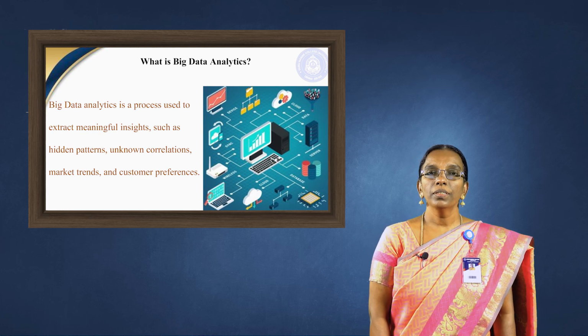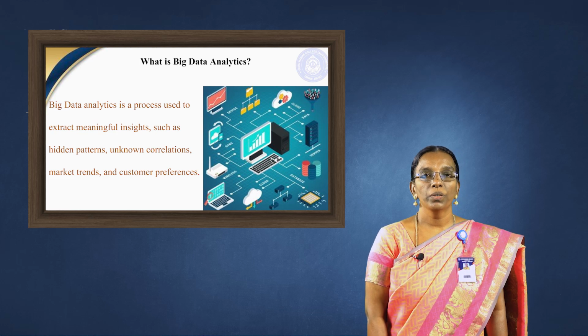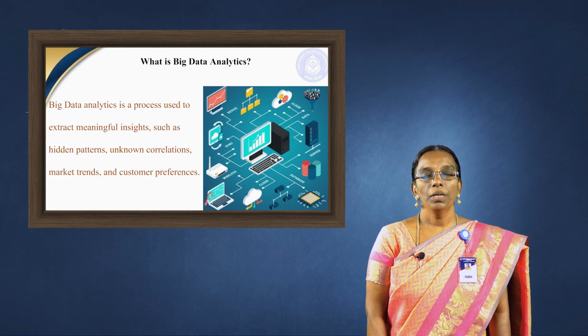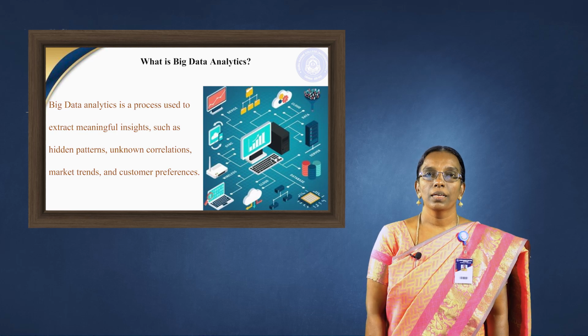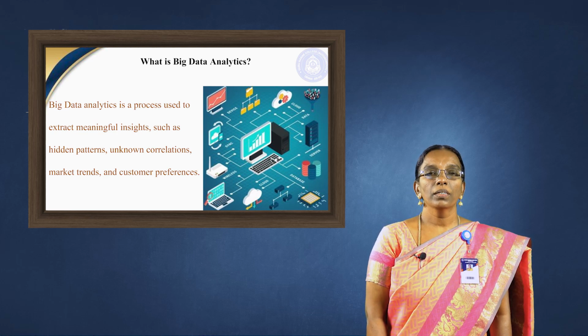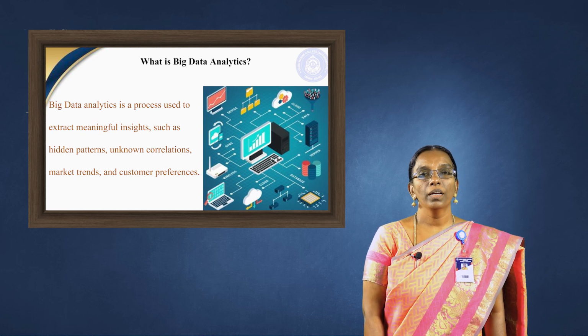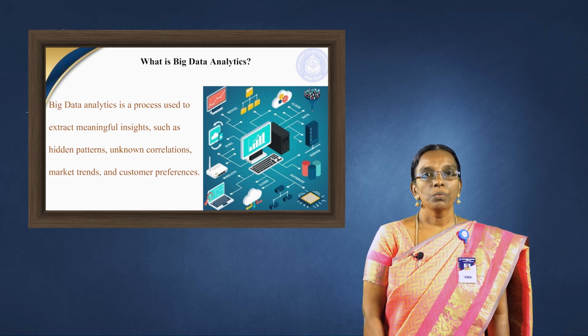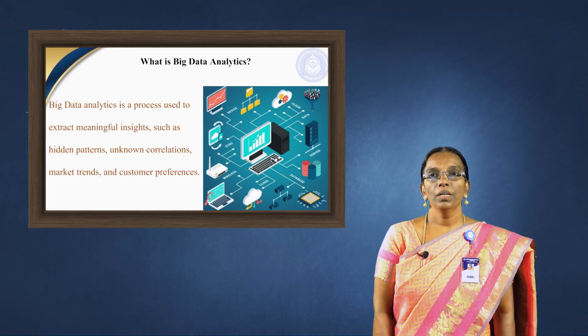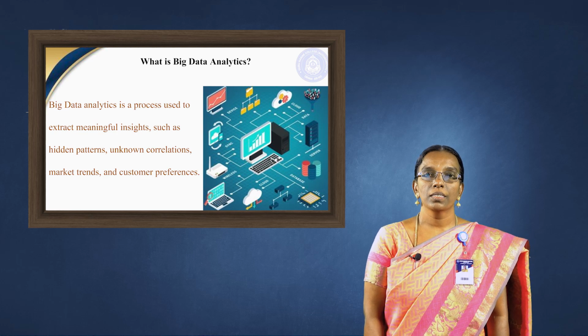The different types of tools are available nowadays. In that, the very important ones are Apache Spark, Splunk and SAS. Apache Spark is faster than Hadoop and it is a very efficient tool. The next comes Splunk. It is used for deriving insights from large data sets.